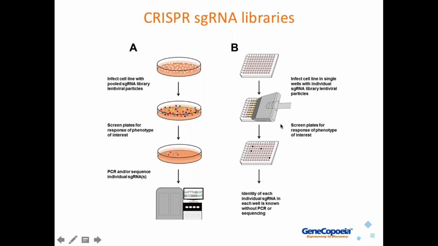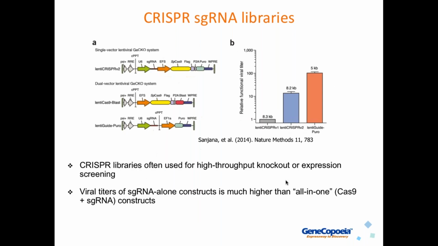Also, some libraries, smaller libraries, can be used individually in 96 well plates, where you can infect a cell line in individual wells with the single guide RNA expressing lentiviruses, and then you screen your plates for a phenotype of interest. Now, there are many different types of libraries out there, both academic and commercial.